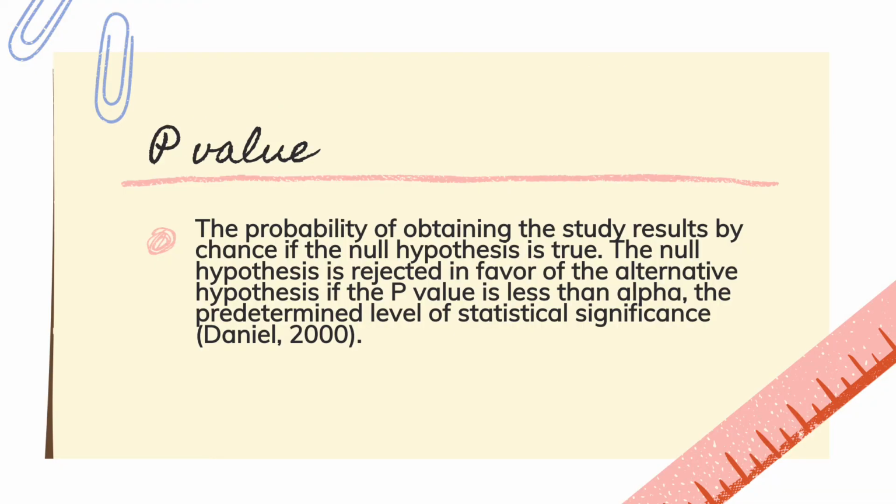These inferences are based on the p-value. The p-value is the probability of obtaining the study results by chance if the null hypothesis is true. The null hypothesis is rejected in favor of the alternative hypothesis if the p-value is less than alpha, the predetermined level of statistical significance.